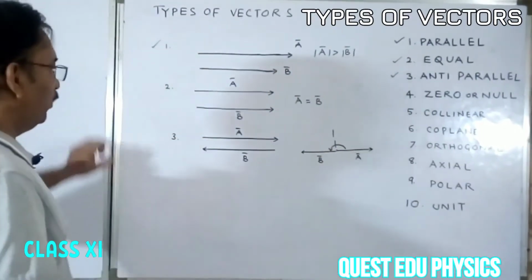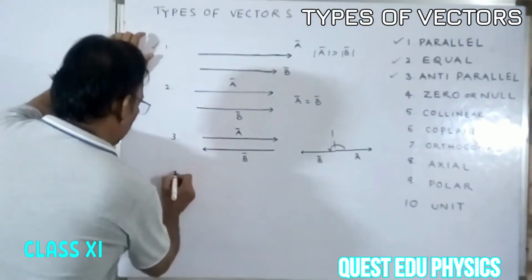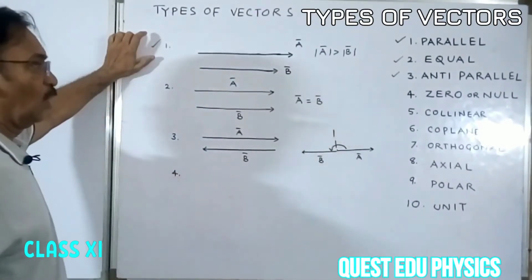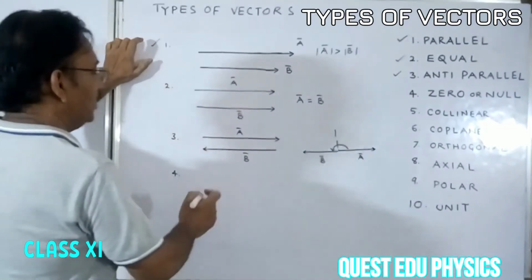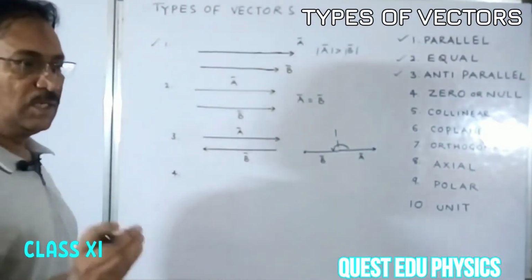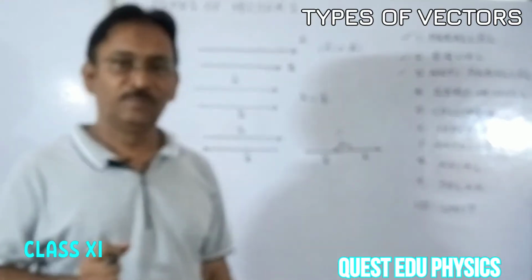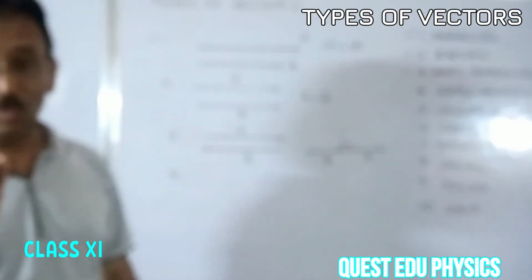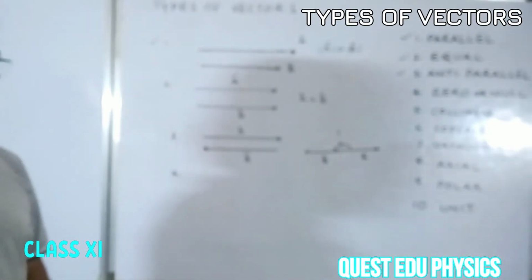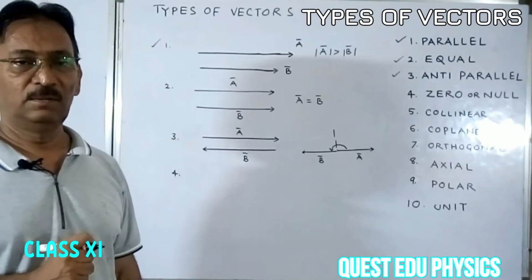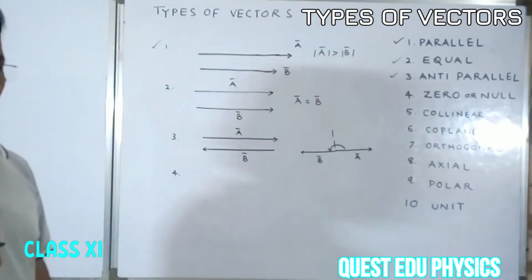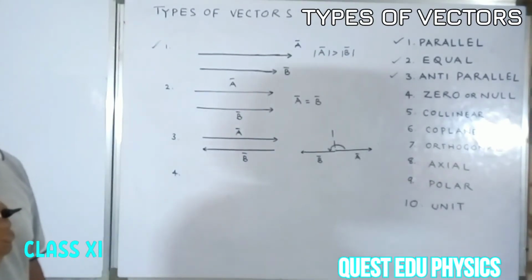Then we have to learn about the fourth vector, the zero vector. What is a zero vector? A vector whose magnitude is zero. That means the starting point of the vector is equal to its end point.